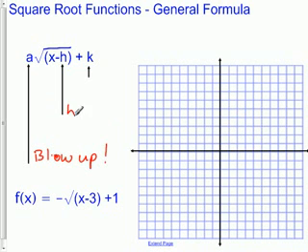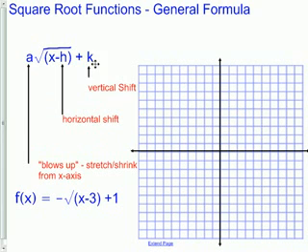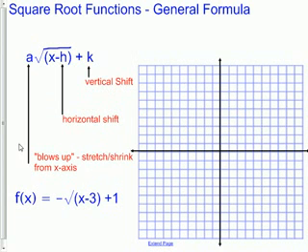So this is horizontal shifts. And k then is going to be our vertical shifts. So we've got our vertical shift, our horizontal shift, and this a, which is like a scale factor, either stretching it up or shrinking it down. If it's greater than 1, you're stretching. If it's between 0 and 1, you're shrinking.